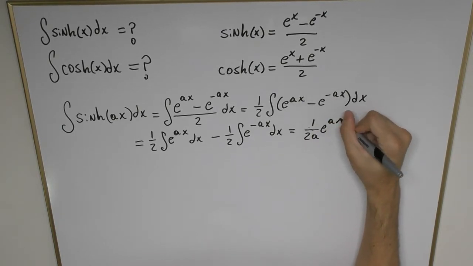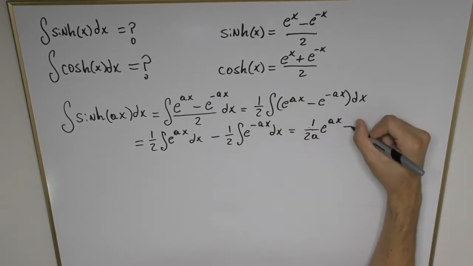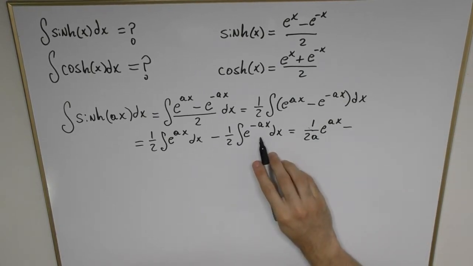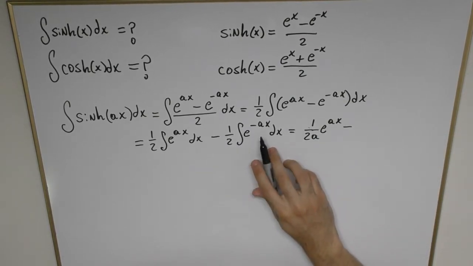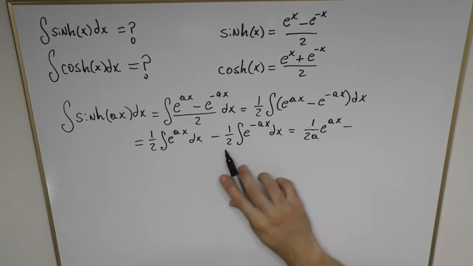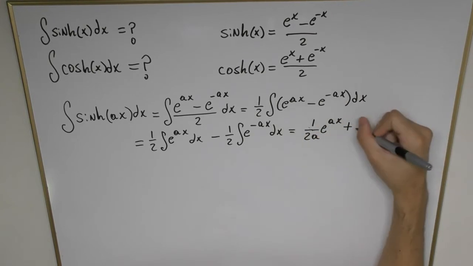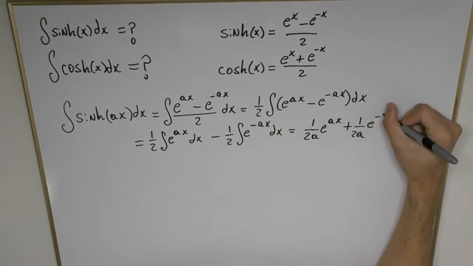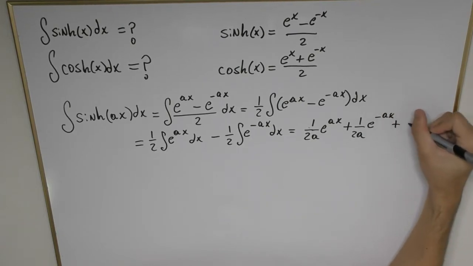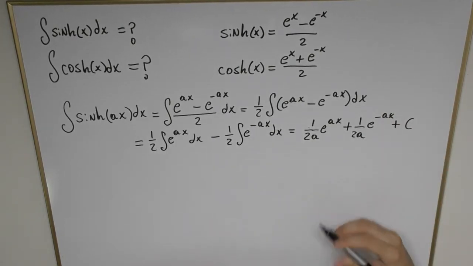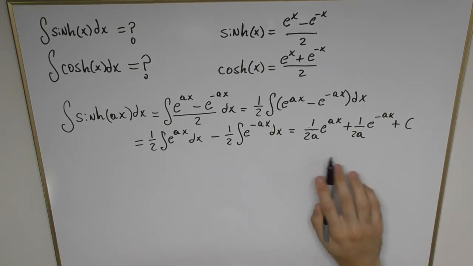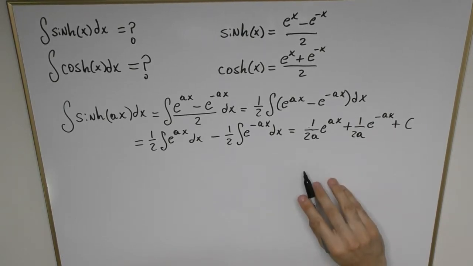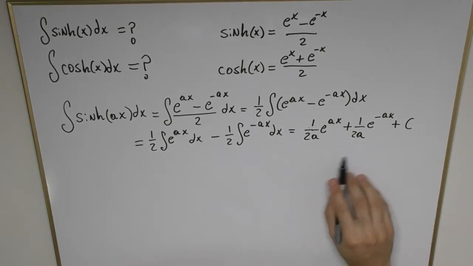e to the ax, and then we're going to have minus. Now this is the part that is quite important. We're going to have a minus a times that minus sign at the front, so that's going to become positive. So that's plus 1 over 2a e to the minus ax, and then some constant c. Now, we notice that both of them have a common factor, 1 over 2a.